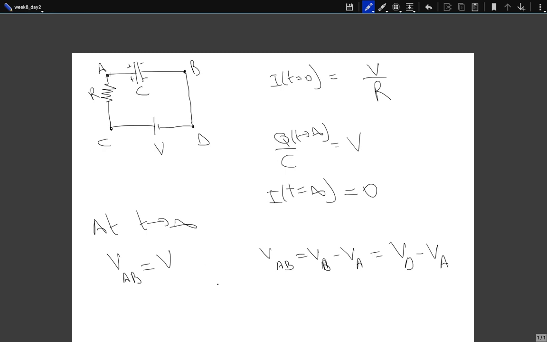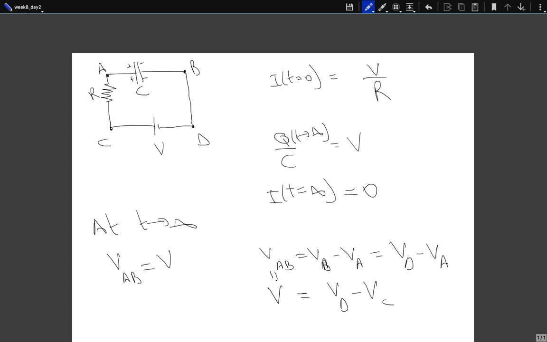Now let's see, on the other hand, the battery provides a potential between the points C and D, which is also V, equal to VD minus VC. That is the potential created by the battery. It's also VD minus VC. It is also V, which is equal to VAB.